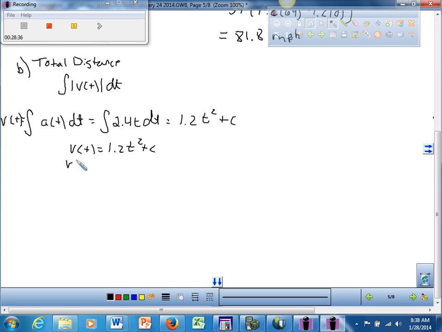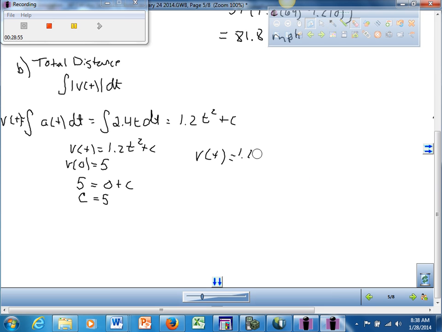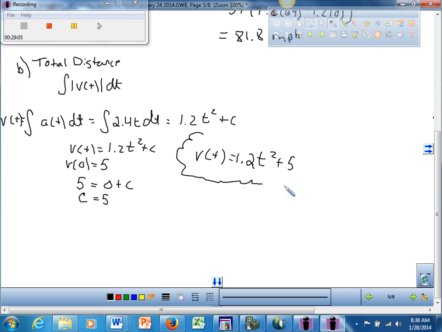And v of 0 equals what? 5. Yep. So we plug 0 in here, 5 equals 0 plus c, so our c equals 5. So my velocity function is 1.2t squared plus 5.